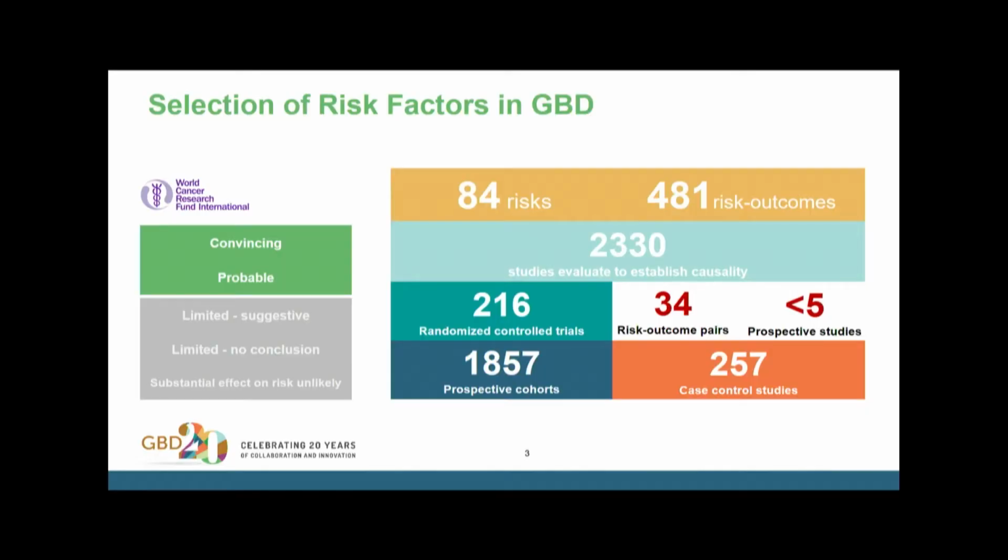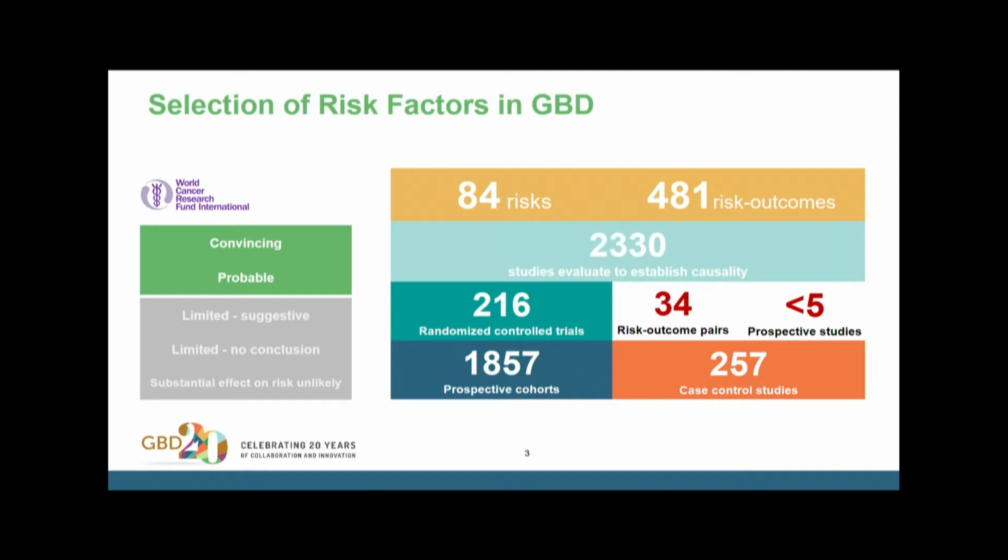One of the most common questions that we are always asked in GBD is how risk factors are selected, why some risk factors are missing, or more specifically, what criteria are you using to evaluate the strength of epidemiologic evidence for each of the risk outcome pairs that are included in GBD.